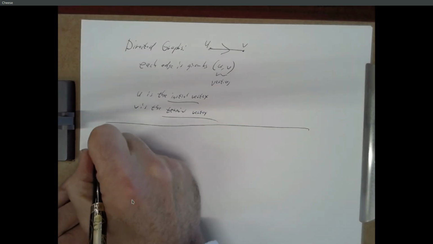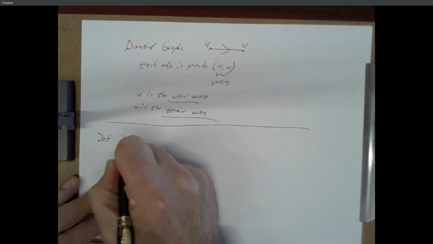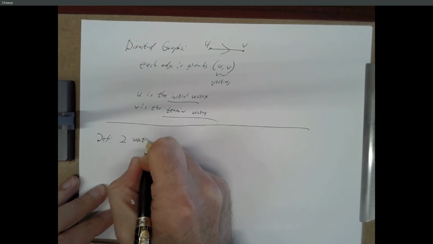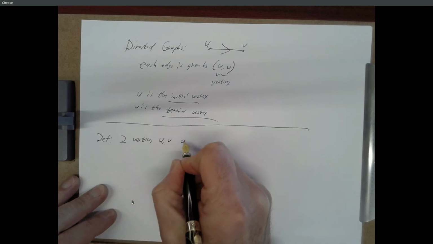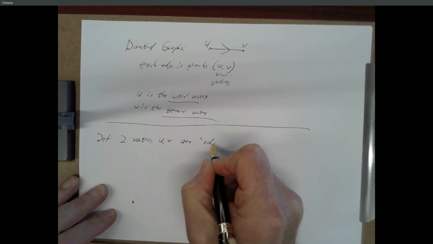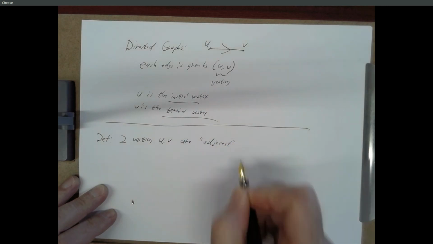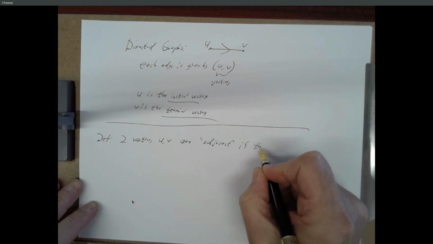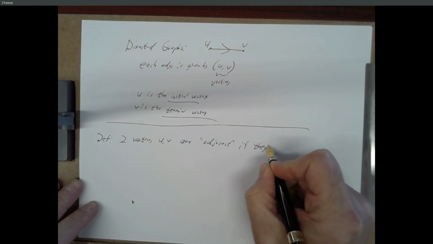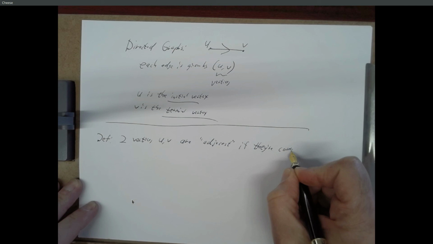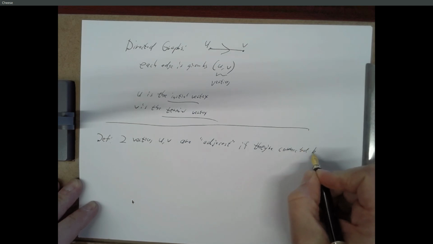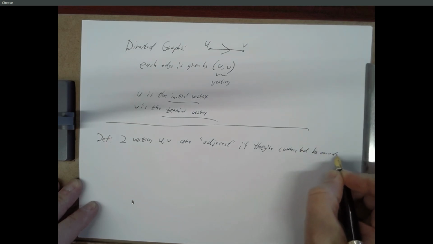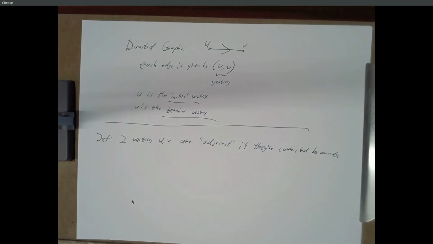So two vertices, U and V, are adjacent if they're connected by an edge. So two vertices are adjacent if there's an edge connecting them to each other.